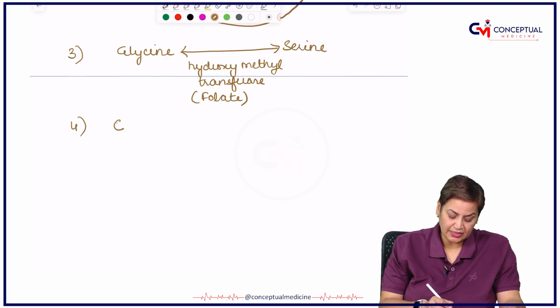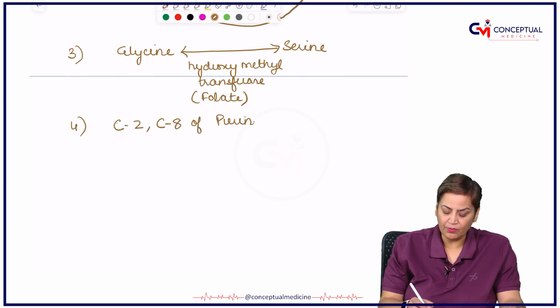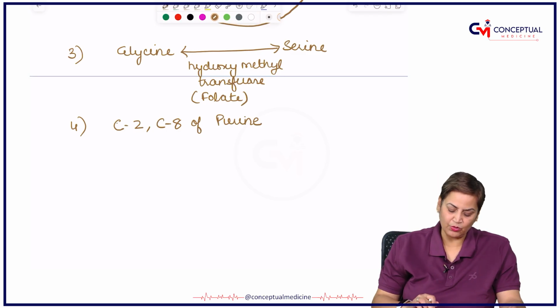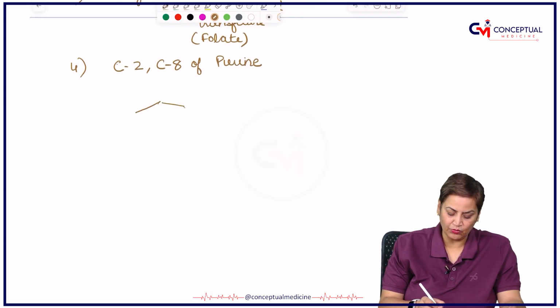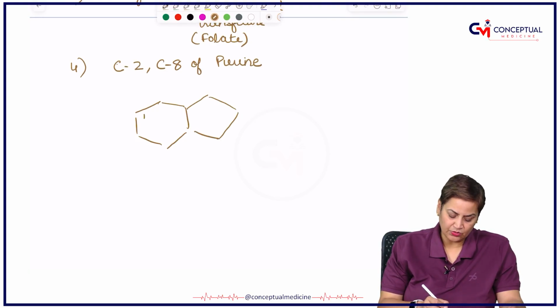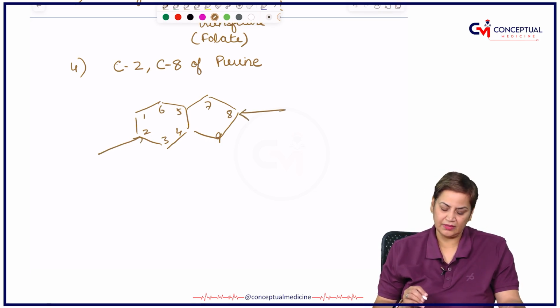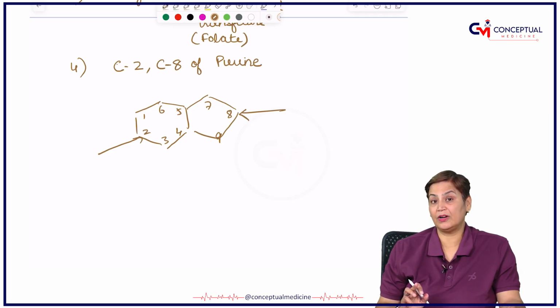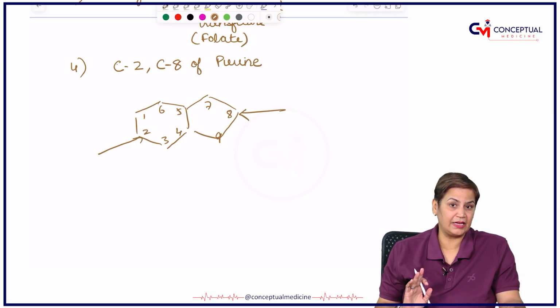So the C2 and C8 of purine come from folic acid because purines are synthesized by a de novo pathway. So this is the reaction basically. It is 1, 2, 3, 4, 5, 6, 7, 8 and 9. So this and this, they will come from folic acid. So this is another very, very important function of folic acid.